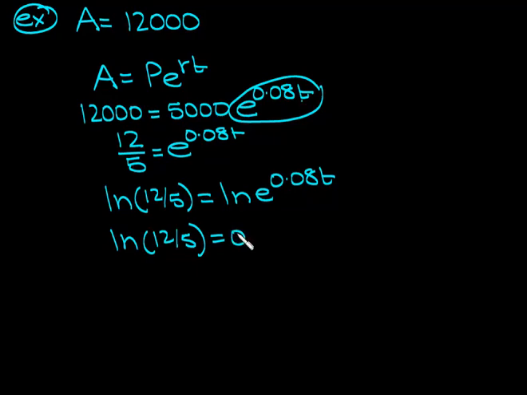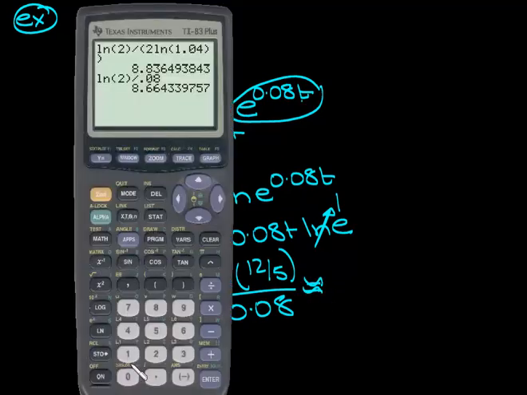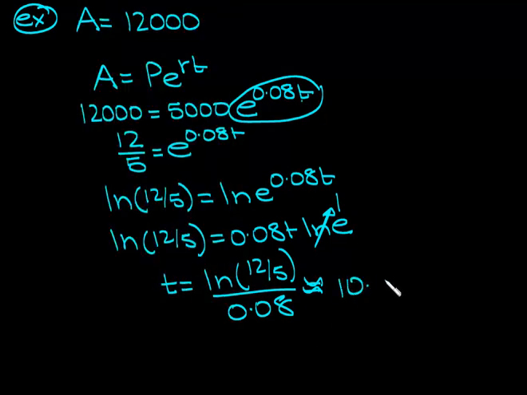So we get 0.08t times ln of e. ln of e is 1 because the base and the number are the same, so t is ln of 12 over 5 over 0.08. And that gives you a value for that. So we get ln of 12 divided by 5 divided by 0.08. So we get 10.94 years.